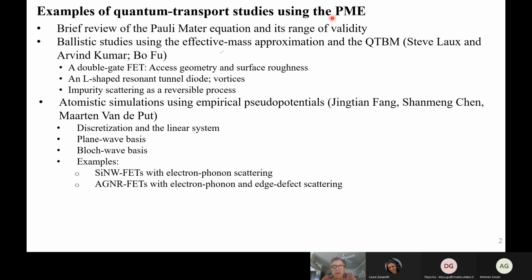So this is done using the master equation, the Pauli master equation, which is what we saw along the way to derive the Boltzmann transport equation, starting from the quantum equation of the density matrix, the Liouville von Neumann equation.